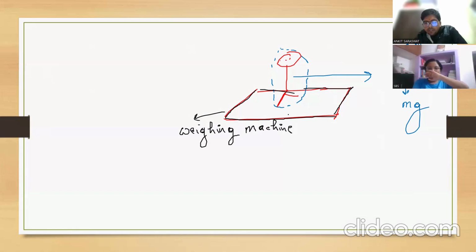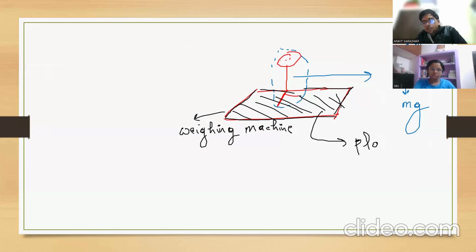Now on this weighing machine or platform, this is the platform on which the person is going to stand. This is known as the platform. Clear? Now on this platform also, this person is going to apply normal reaction force like this. Clear? Understood?